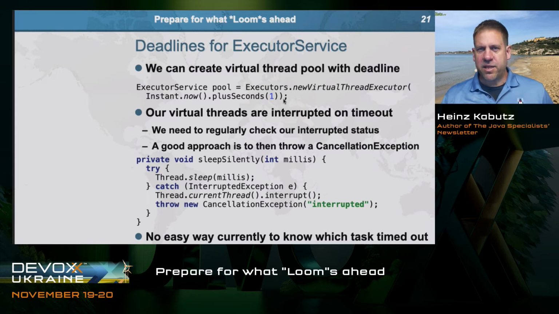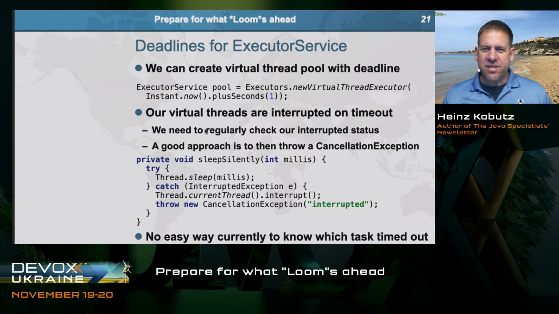And the idea was then the virtual threads would be interrupted on the timeout, which means that if you have a loop inside a virtual thread, you'd have to actually check regularly whether we've been interrupted or not. Or if you're sleeping, for example, then you'd be interrupted with an interrupted exception. And a good approach would then be to throw, for example, a cancellation exception to say that we've been interrupted.